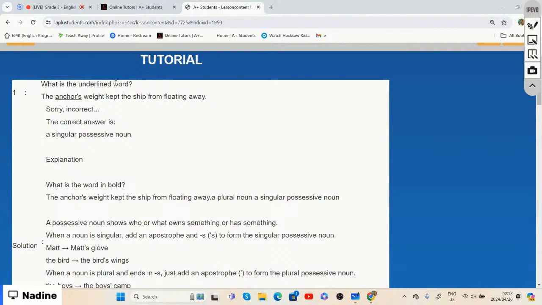To show the singular possessive noun or the plural possessive noun, we add an apostrophe, or an apostrophe as well as an S.